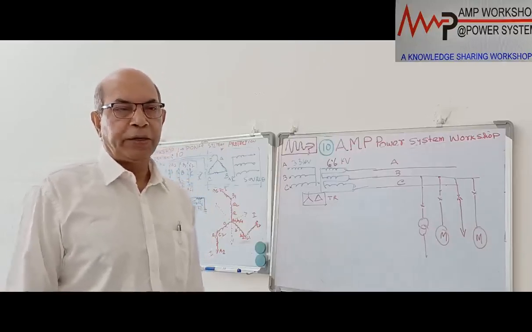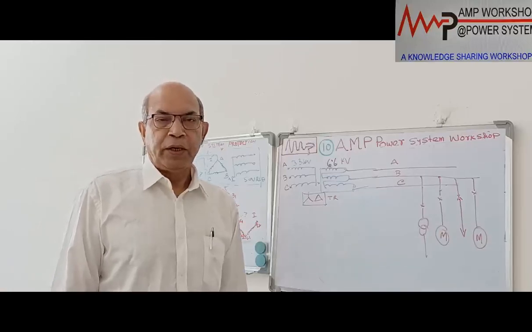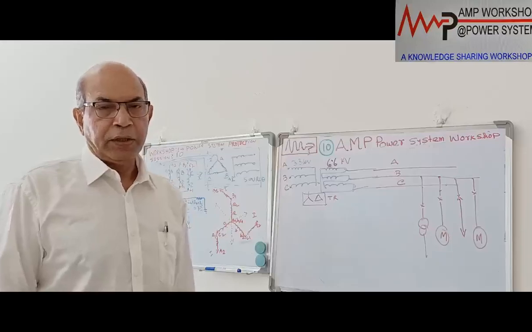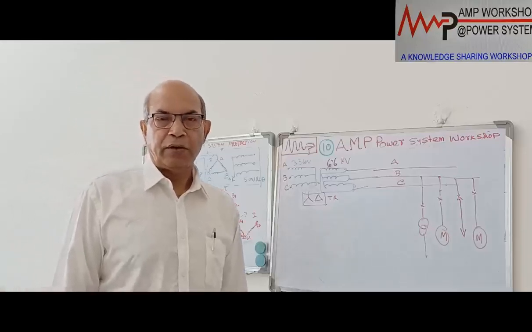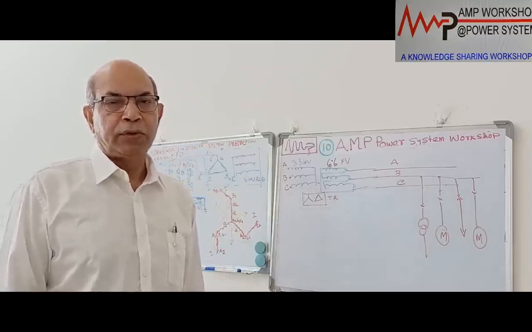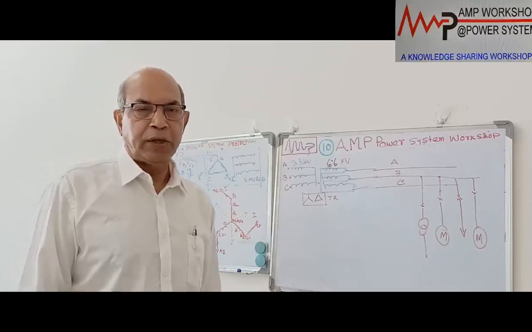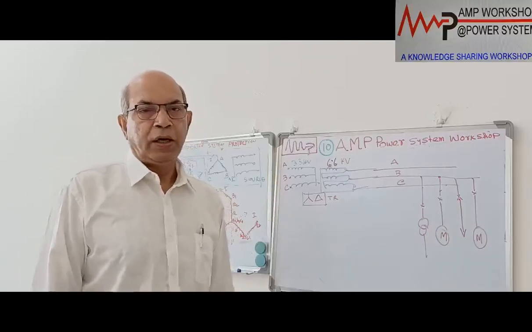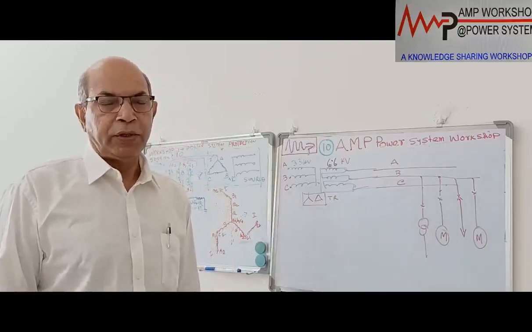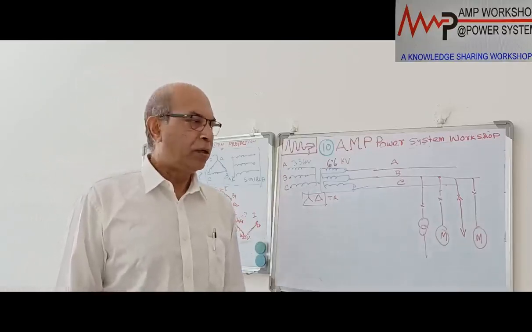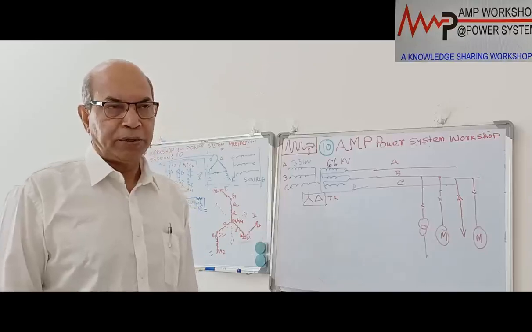Sometimes in the delta connected system, it needs a neutral point. As a delta system cannot provide a neutral point, we use some other means or method to create an artificial neutral point, and that neutral point is achieved using an earthing transformer.